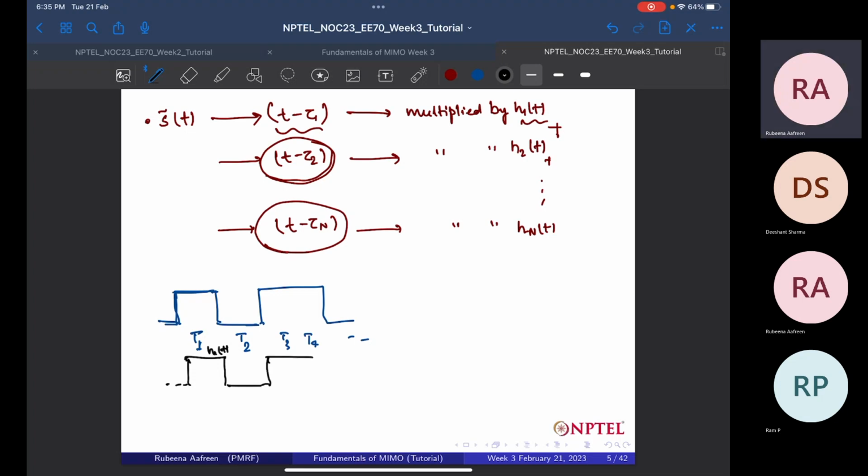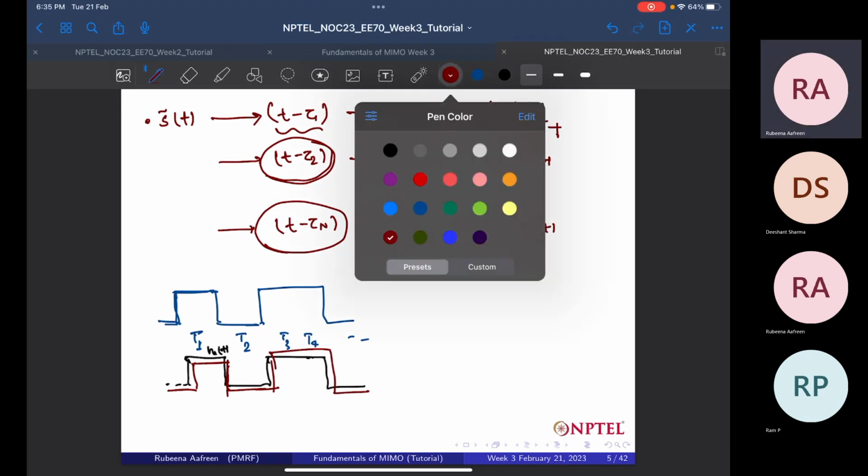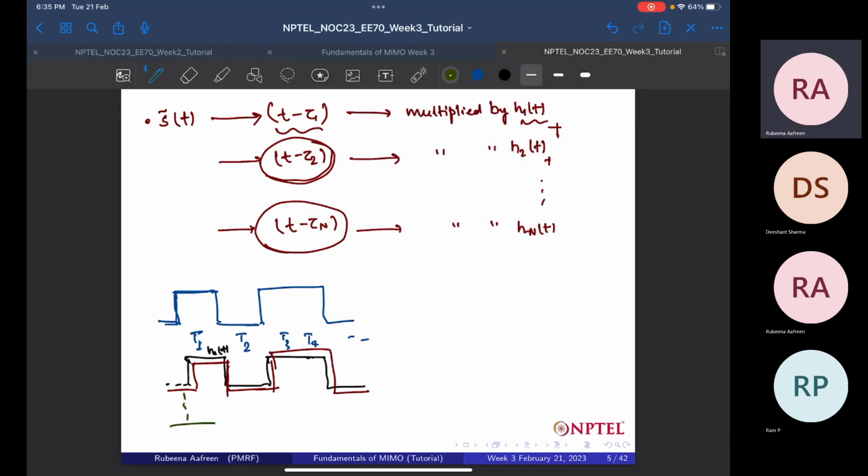So suppose this goes like this. Now we have the second signal which is superimposed on it. This has some other delay and some other h. Likewise we have another nth signal which has delay of τ_n, and then it is going on like this.